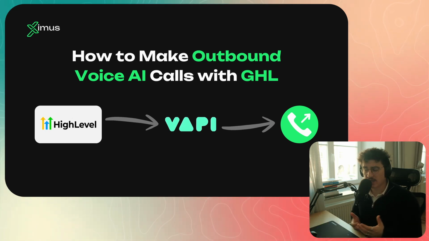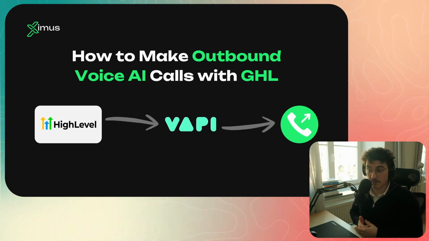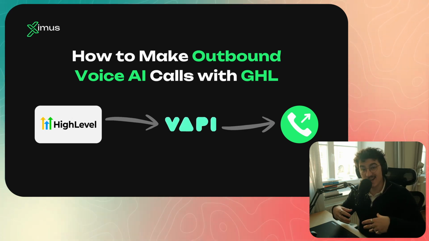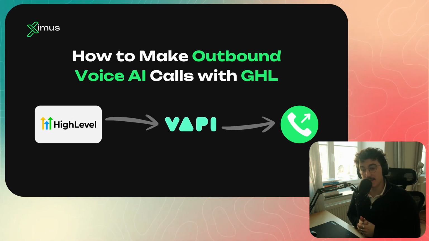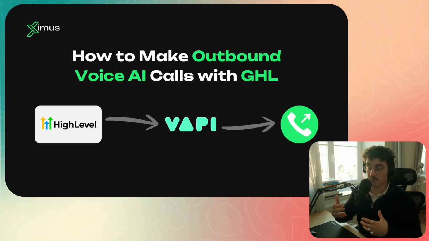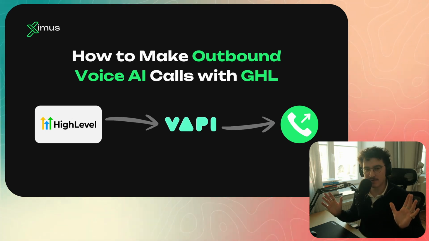Now, we can either just say, hey, please make the call, or the reason why we're using GoHighLevel in combination with VAPI is because we can contain dynamic information within that message to VAPI. And this could be, for example, contact details about the person we're trying to reach, like the first name, their email. And that way we can personalize the call, which makes the customer experience just completely seamless.